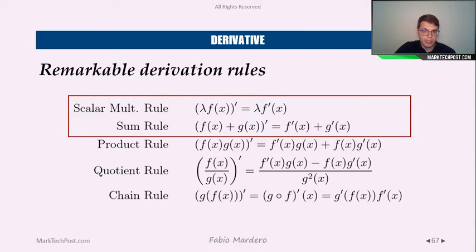In the example with x to the power of 2, we took advantage of the definition of the derivative using limits to compute a sort of derivation rule. We can do the same for scalar multiplication, sums, products, quotients, composition of functions, and so on, and we get some rules.